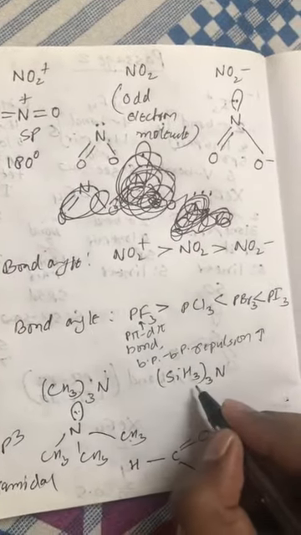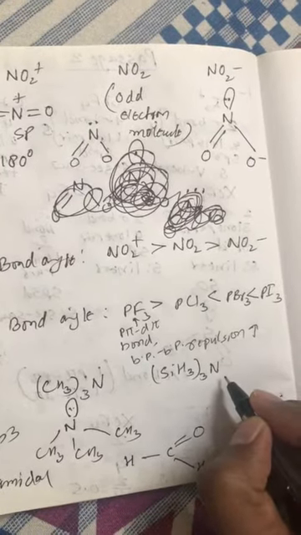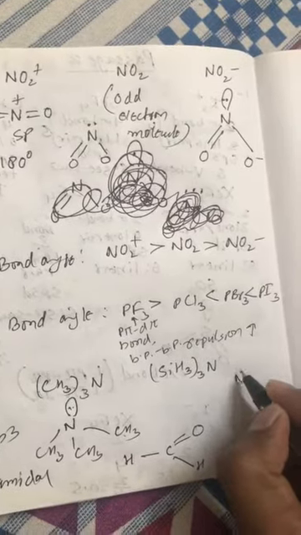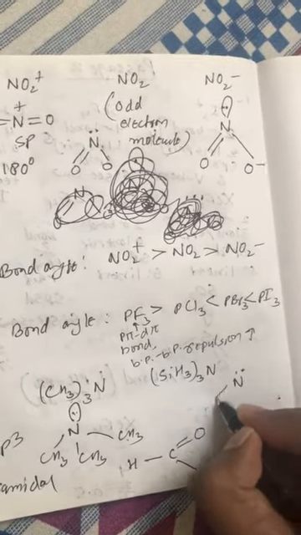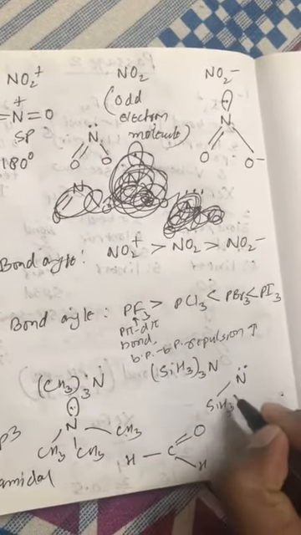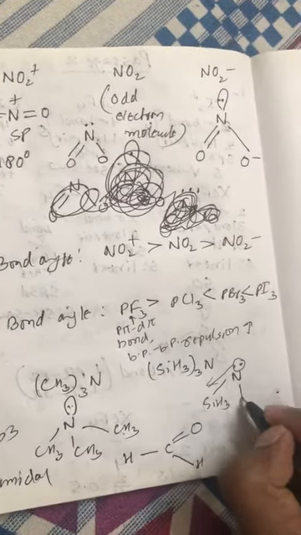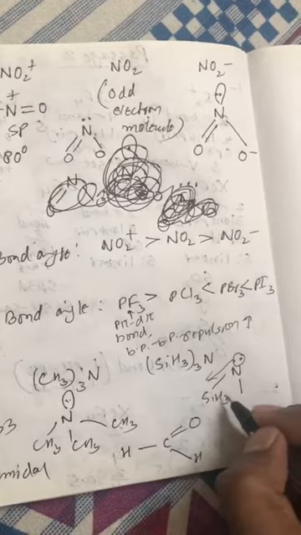But Si(SiH3)3N will have back bonding, and because of that back bonding, here double bond character arises between N and Si.